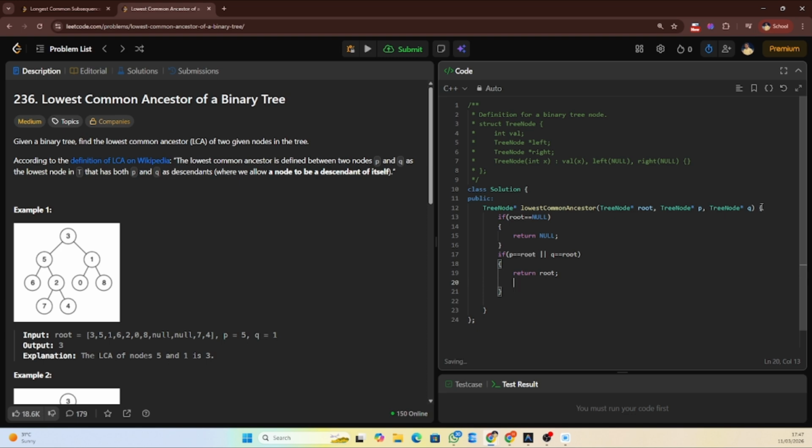What does it mean? Root came to the place of P, so you found an element, so you are returning that root.